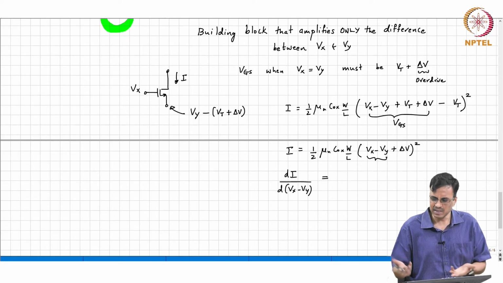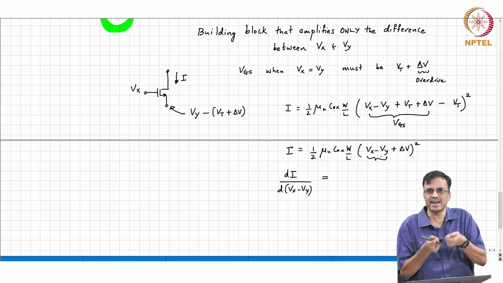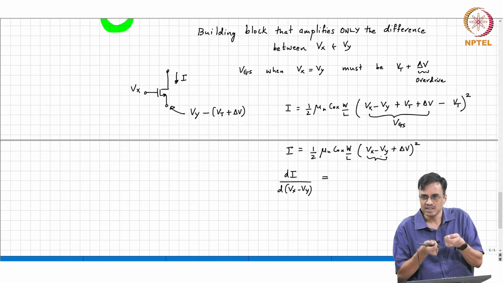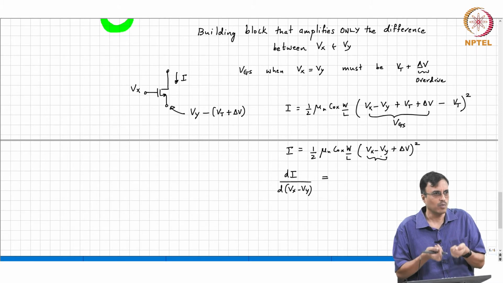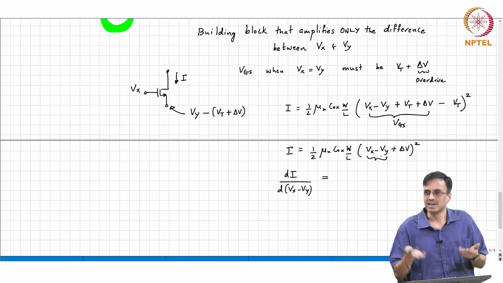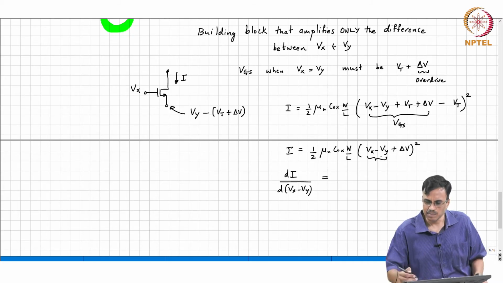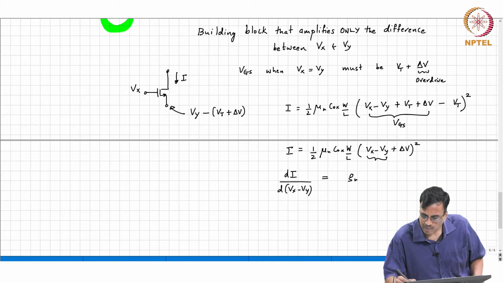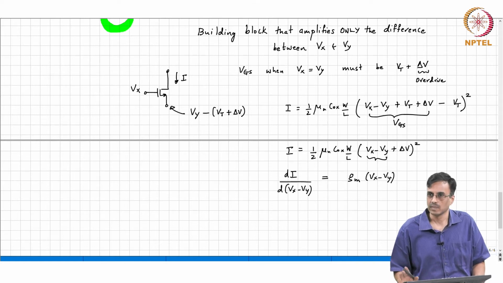It is the gm of the transistor. This is basically saying I am changing the gate source voltage by a small amount. What is the change in the drain current? It is nothing but gm times Vx minus Vy. Is this clear now?